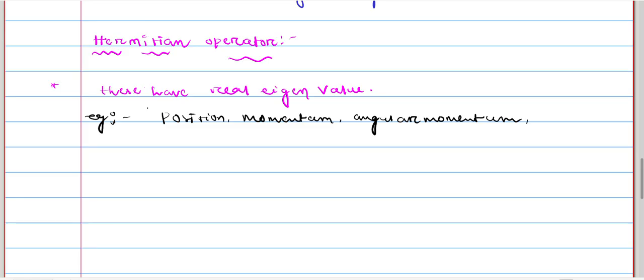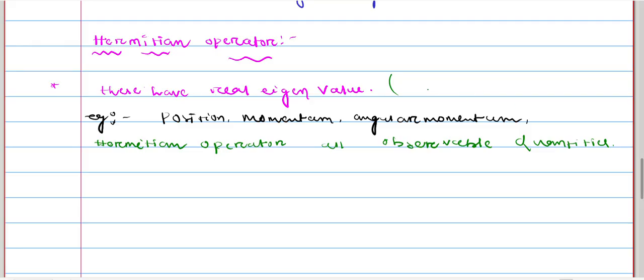Angular momentum is something we can measure in the lab, and it is a Hermitian operator. All these quantities have real eigenvalues, which means the measured values are real numbers. What does real eigenvalue mean?